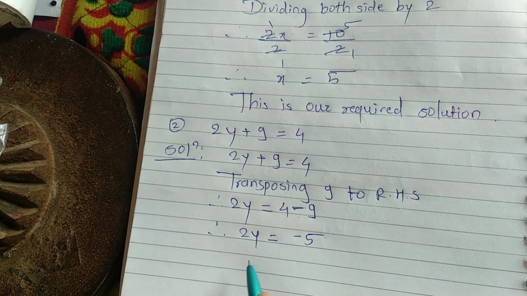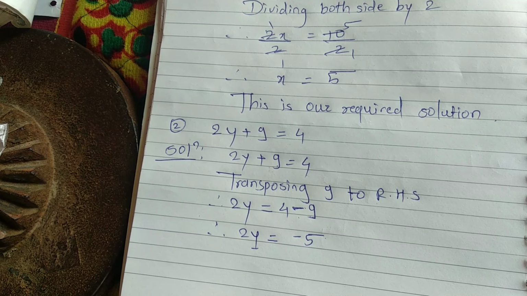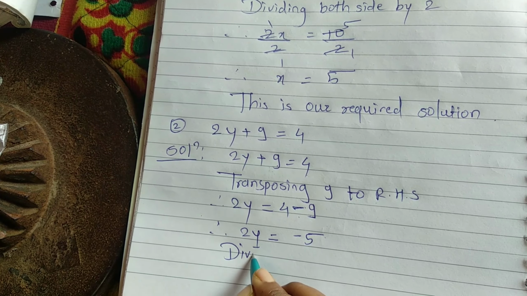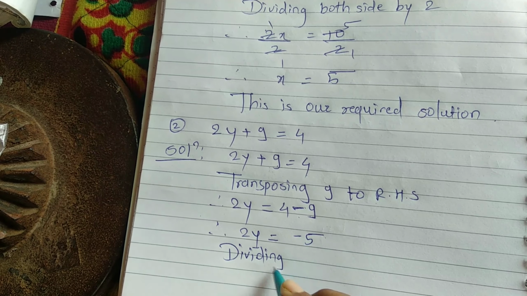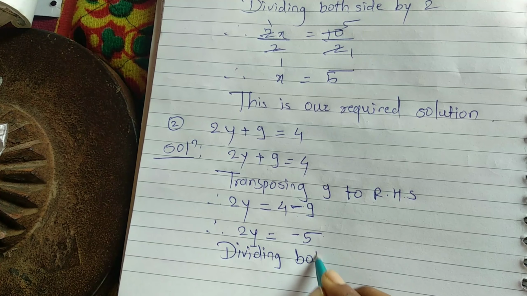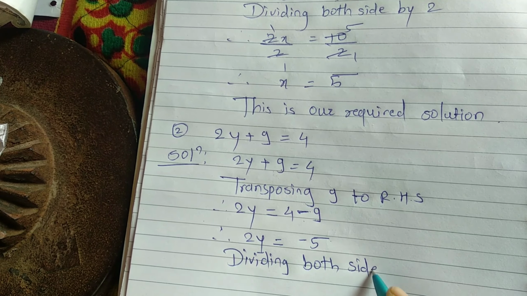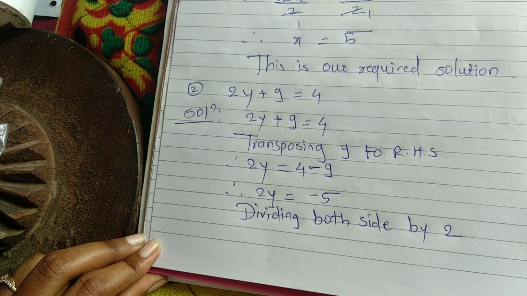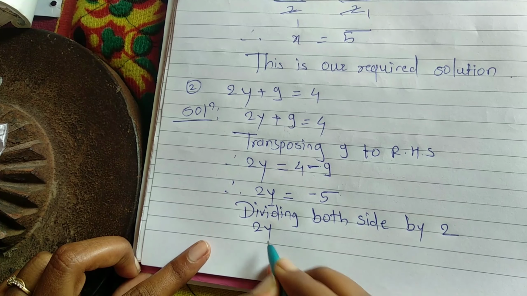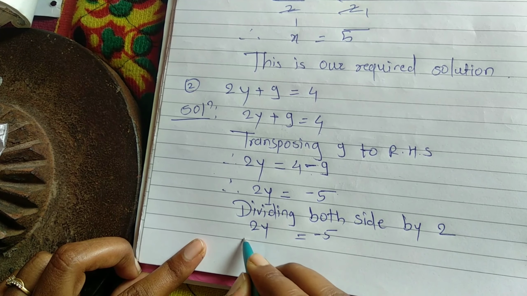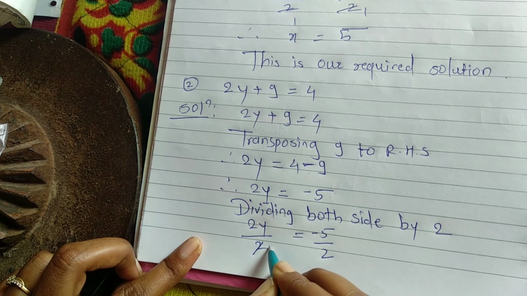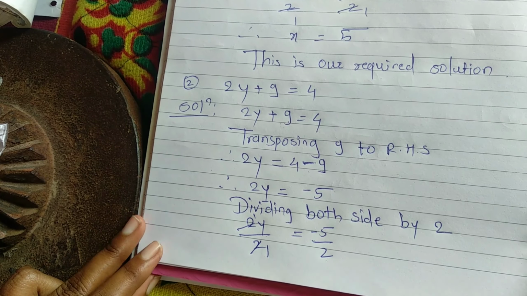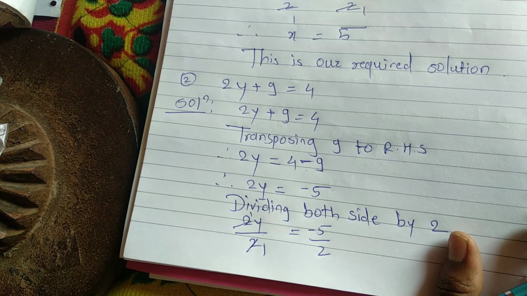Now we want y's value. So dividing both sides by 2. 2y divided by 2 is equal to -5 divided by 2. 2 ones are 2. -5 is not divisible by 2.